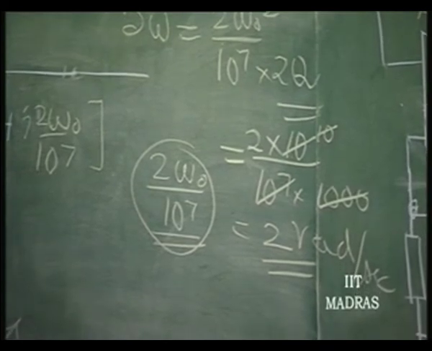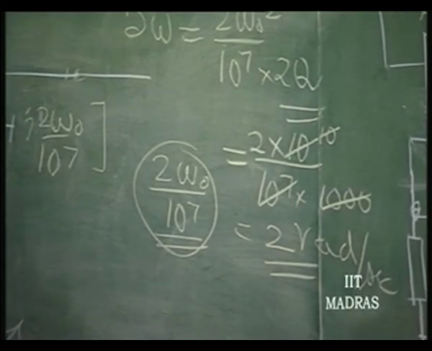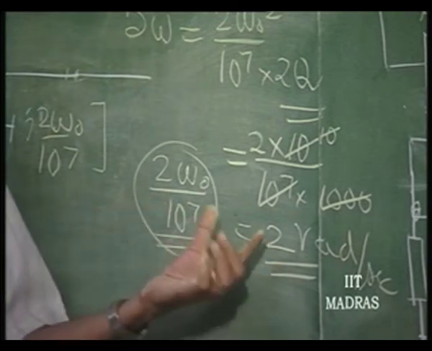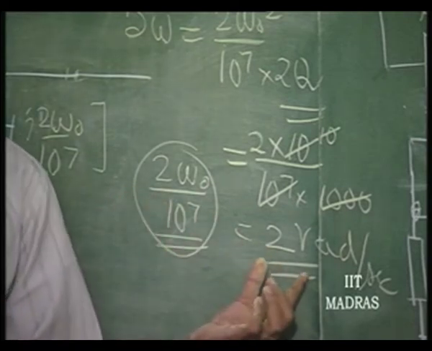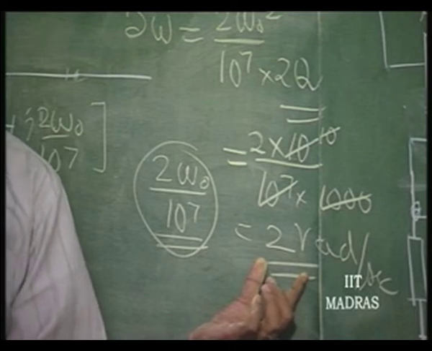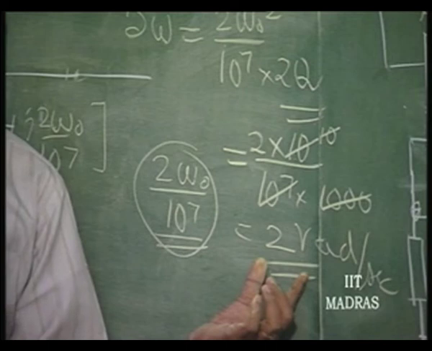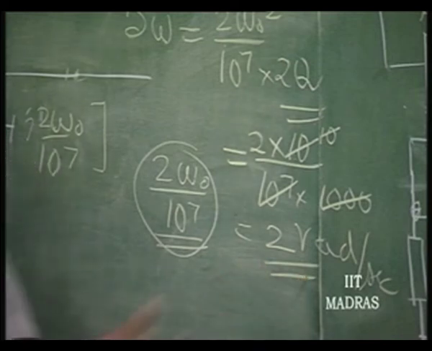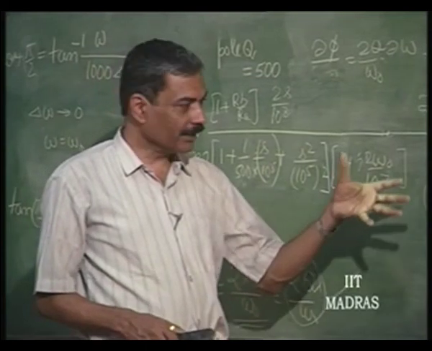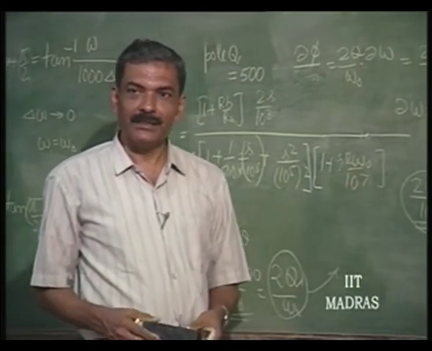Omega naught is 10 to the power 5 radians per second. So, this much deviation can be accommodated by the frequency of oscillation changing only by 2 radians per second. So, we have solved the problem as well as made you understand what is frequency stability.